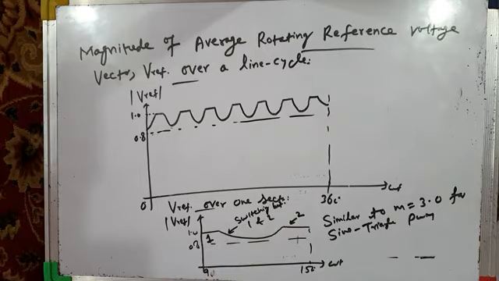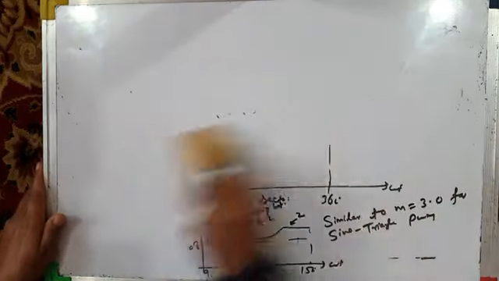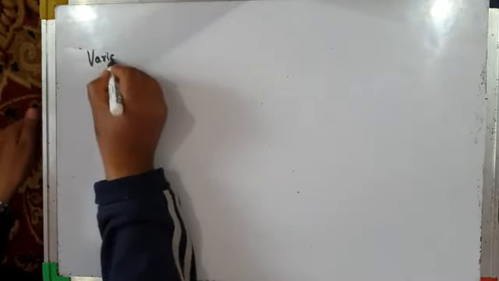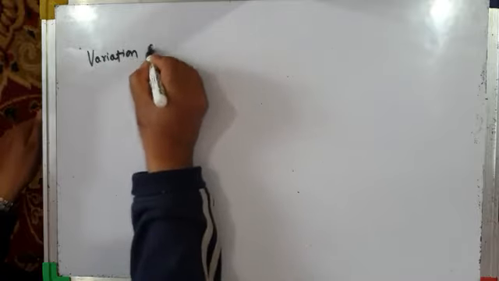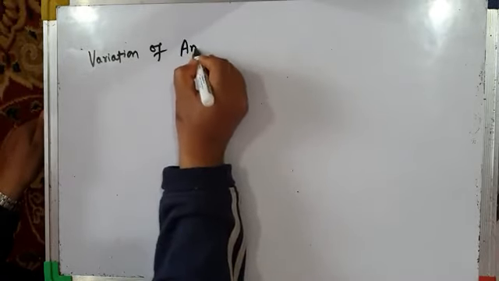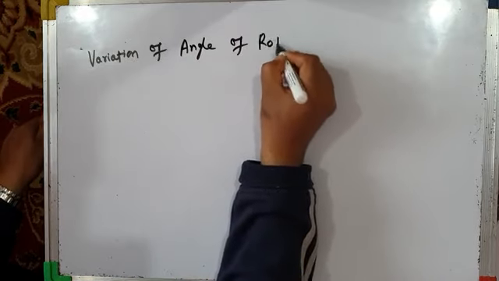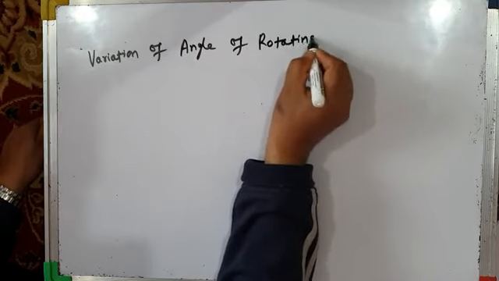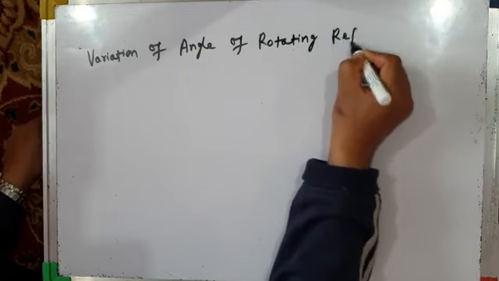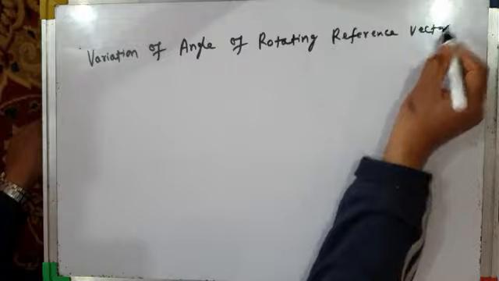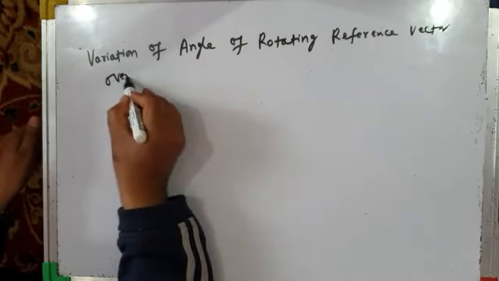What about variation of angle of rotating reference vector over a sector?